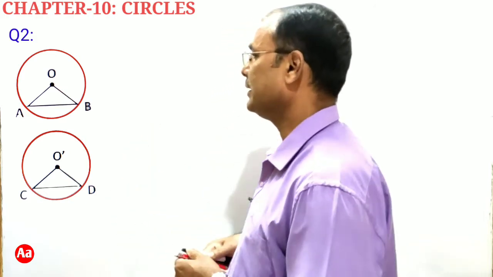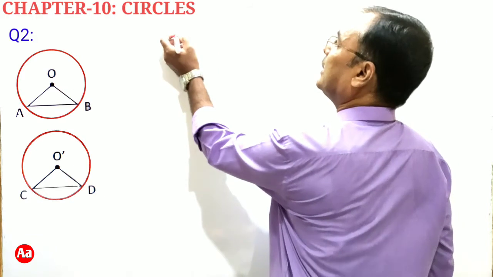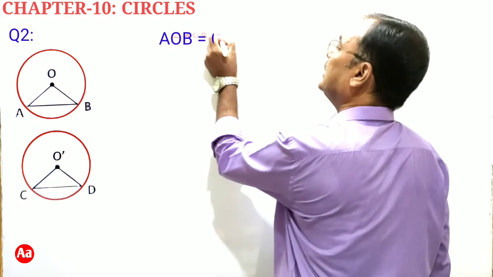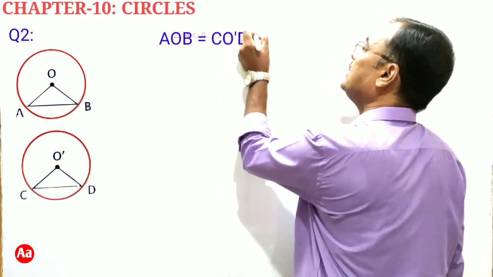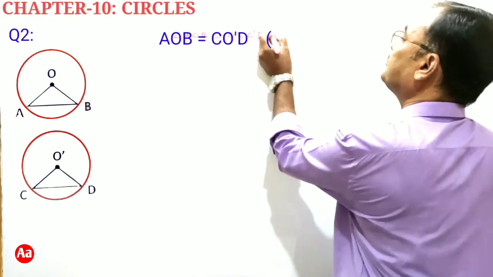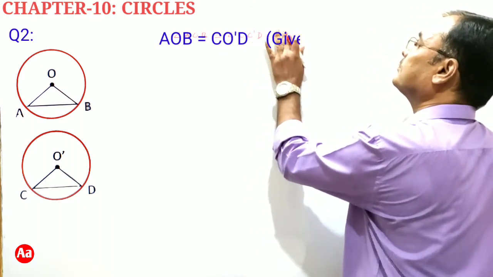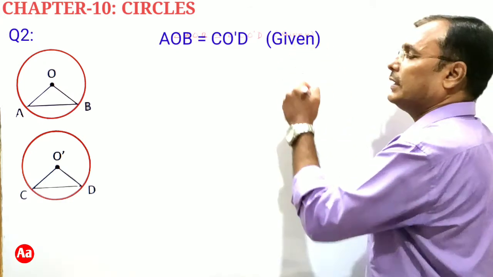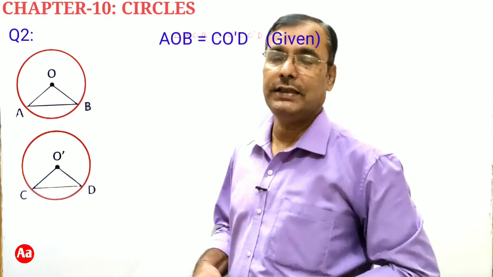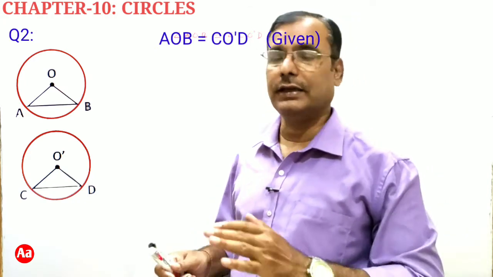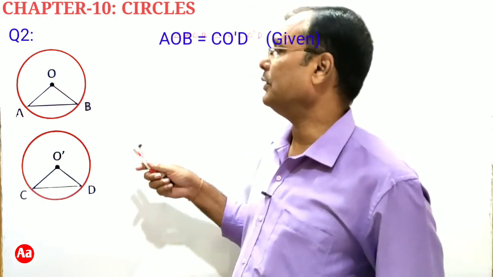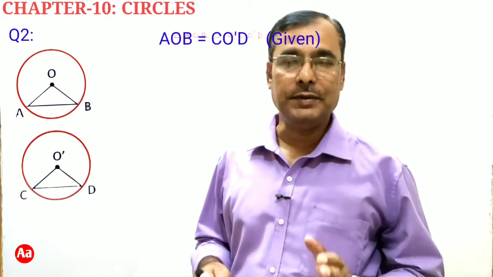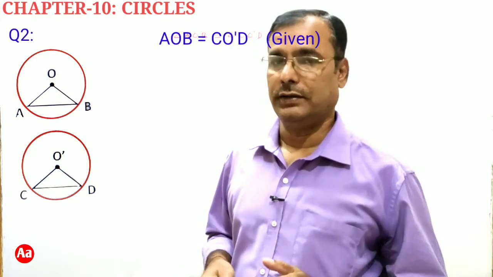Circles are congruent, and we are given that angle AOB is equal to angle CO dash D. That is, chords AB and CD subtend equal angles at the centers O and O dash, and we have to prove that chords AB and CD are equal.